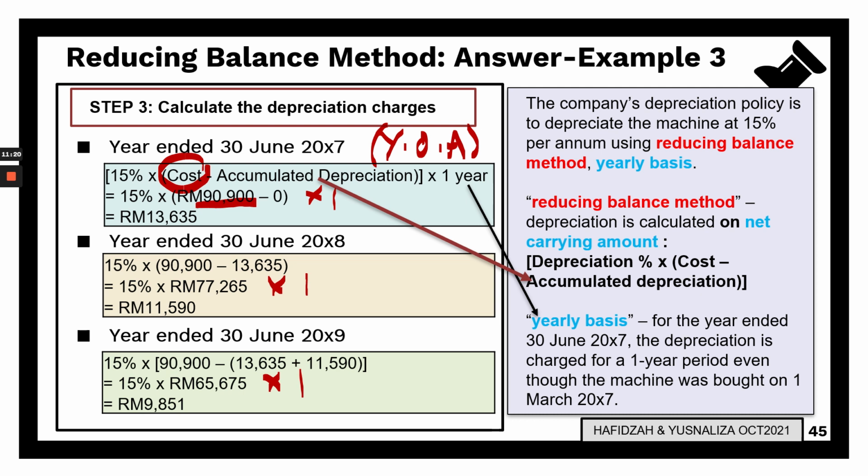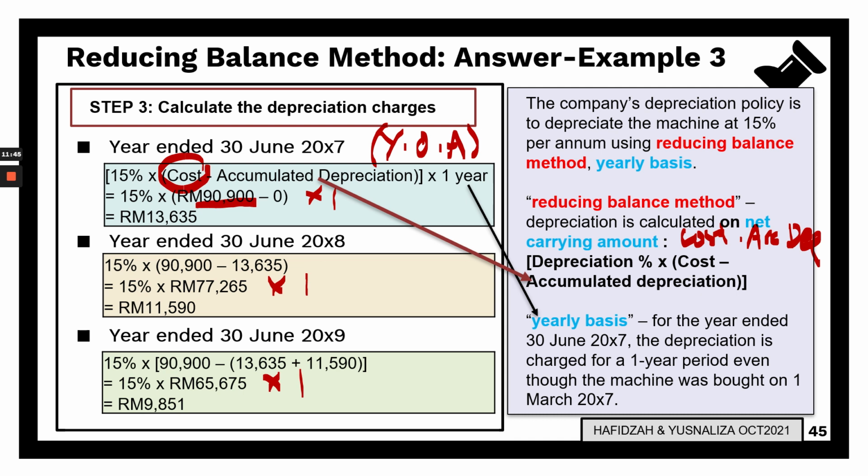So you get 13,635. In the second year, under reducing balance method, depreciation is calculated on net carrying amount. The first year, the net carrying amount is still the cost because it is the first time that you provide depreciation. But for the second year, the net carrying amount would be the cost minus accumulated depreciation.